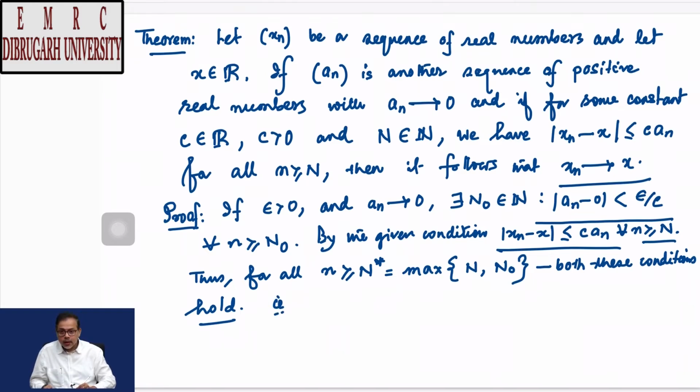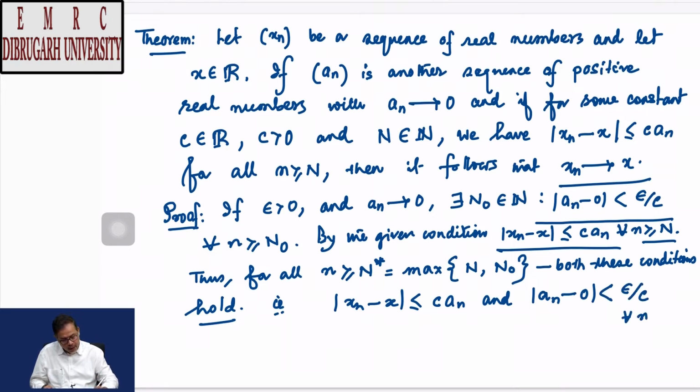That is, |xn minus x| is less than or equal to C an, and |an minus 0| is less than epsilon by C for all n greater than or equal to n star.